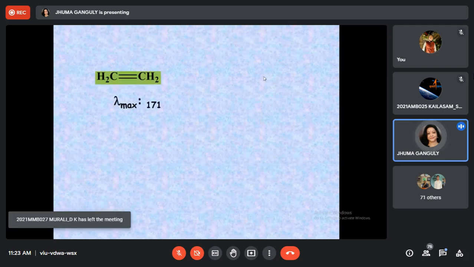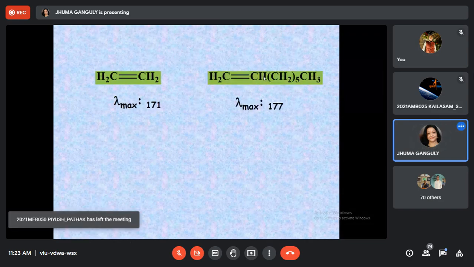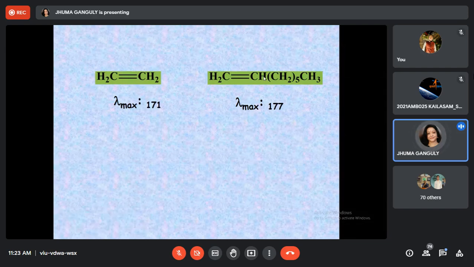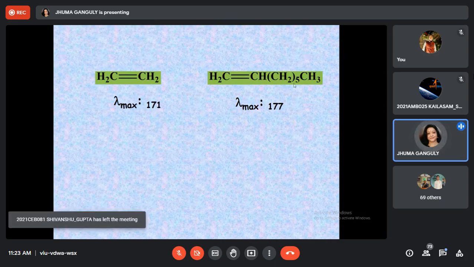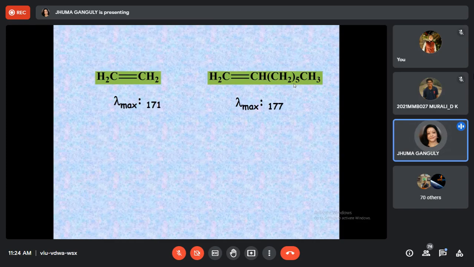Now the text part. Now what happened? Lambda max for CH2 is 171. And then lambda max for CH2 double bond CH2 is 177. Why this difference? Lambda max is higher means the energy gap is lower.